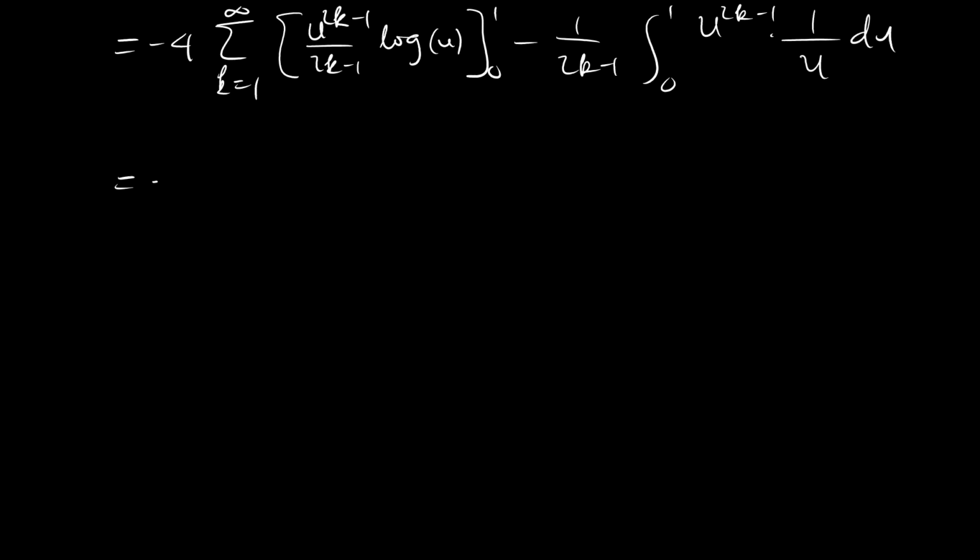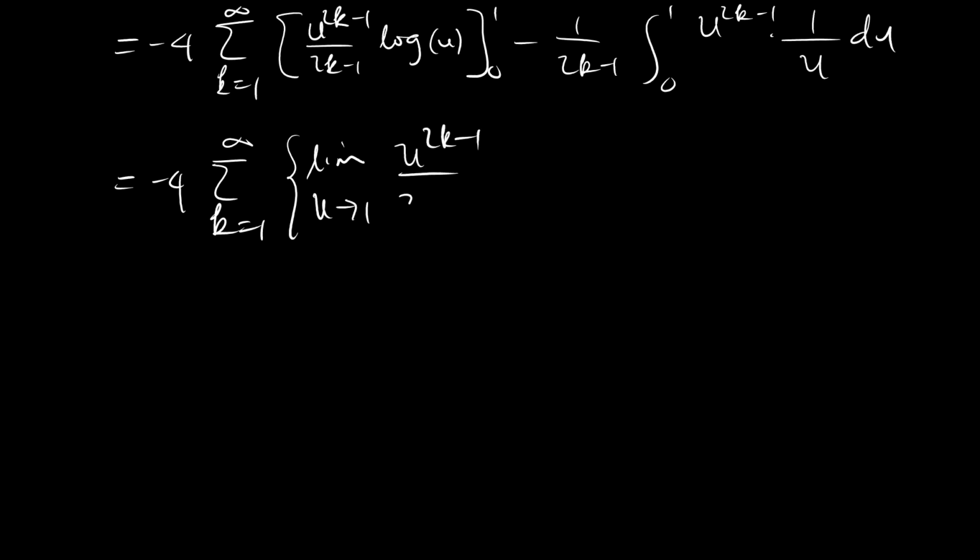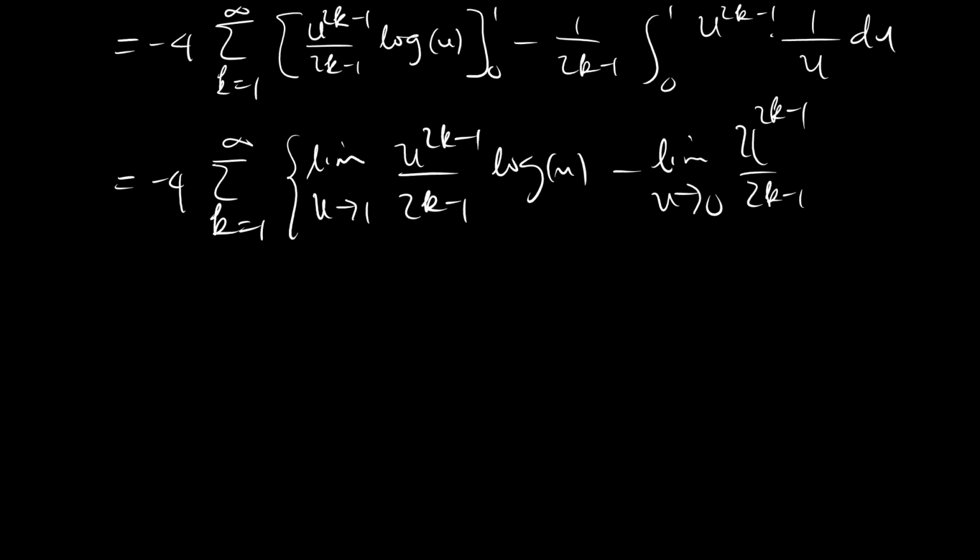So this is easy. Limit as u tends to 1 of u to the 2k minus 1 over 2k minus 1 log of u, minus limit as u tends to 0 of u to the 2k minus 1 over 2k minus 1 log of u, minus 1 over 2k minus 1.